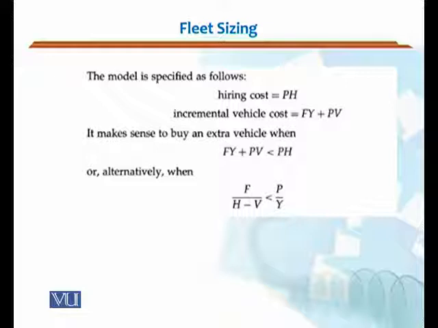Or alternatively, by rearranging this inequality, we have F divided by H minus V should be less than P over Y. As long as this inequality is satisfied, it would be profitable. It would give you a higher profit to buy an extra vehicle and add it to your fleet size.